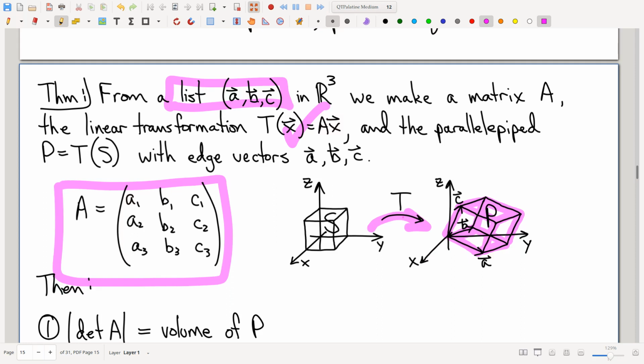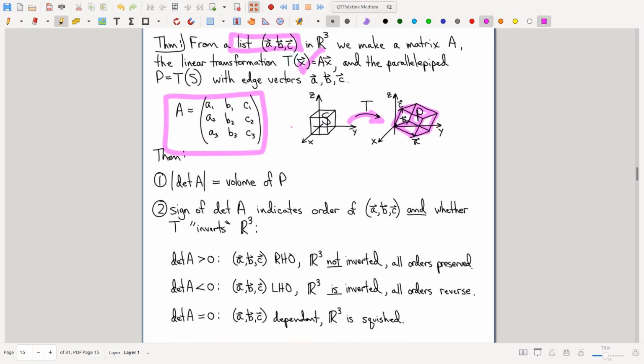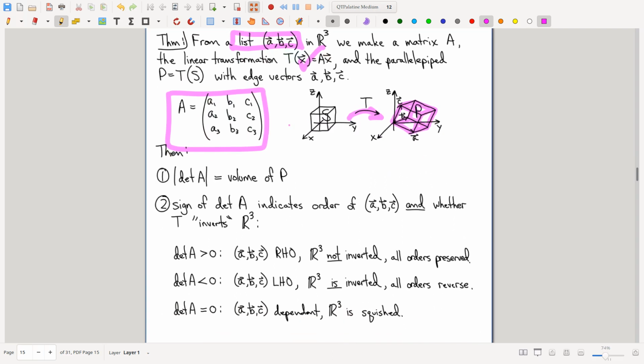And the result is exactly what you would think. The magnitude of the determinant, the absolute value of the determinant, gives you the volume, AKA the factor by which the transformation is stretching volumes. Okay.